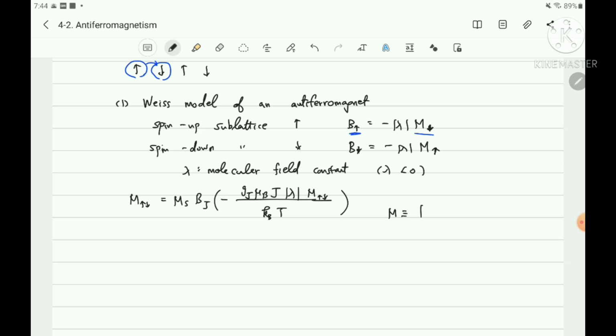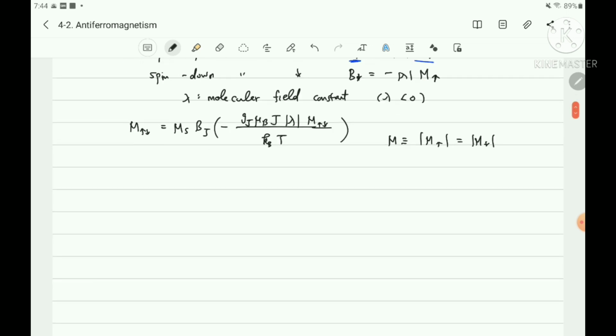We define that the M up and M down magnetizations have the same absolute value. Then for convenience we can write M is M_s B_J of g_J mu_B J lambda M over k_B T.